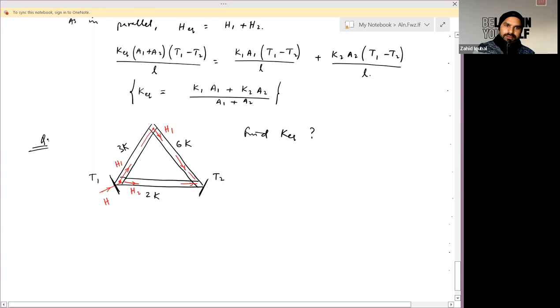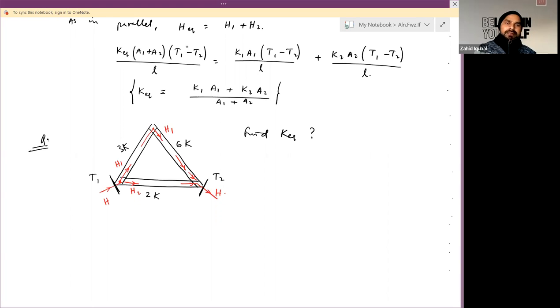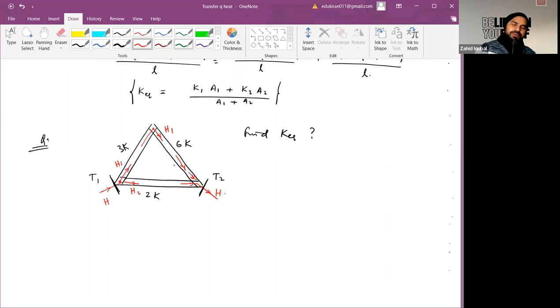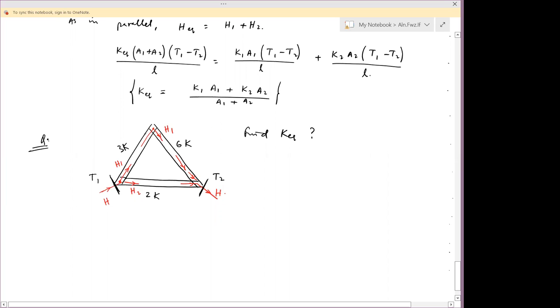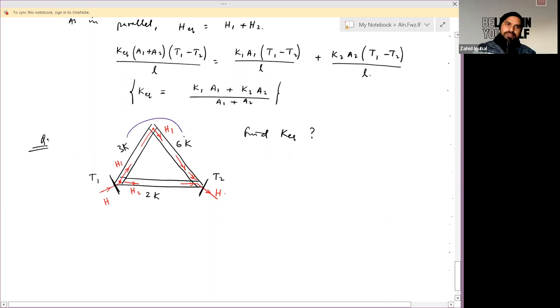On reaching this end, they join together and get ejected out as H1 plus H2, that is H. During this, 3K and 6K have the same current H1. The arrangement having the same current must be called series. Is it clear? Yes, sir. So just arrange these two rods in series combination, and 2K is in parallel with that combination.